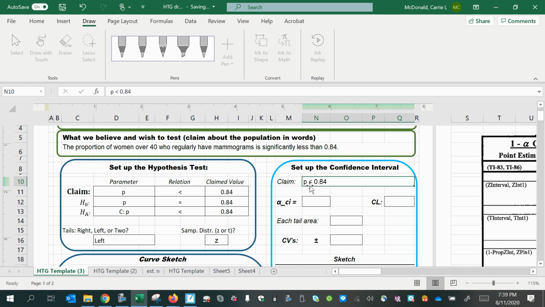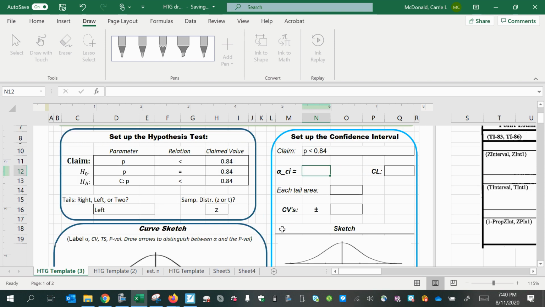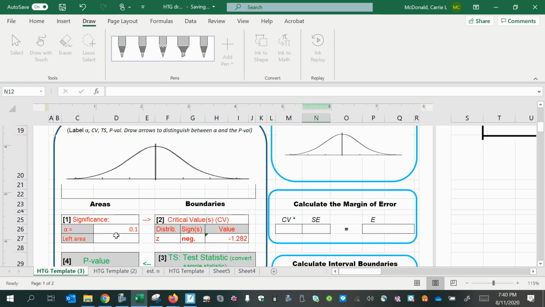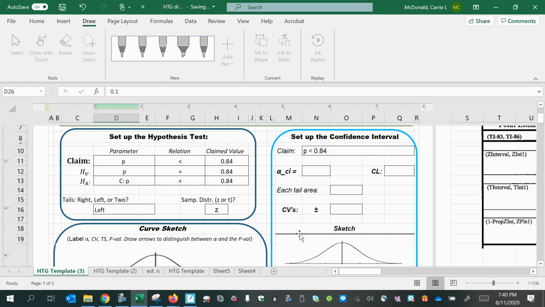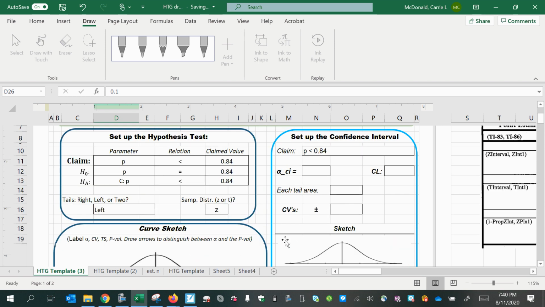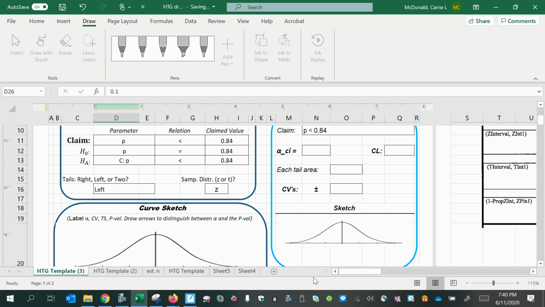But what we do is we look for evidence that the alternative is true. So the alpha for our confidence interval will sometimes be the same as the alpha you had in your hypothesis test, and sometimes it won't be. Sometimes it'll be twice that amount. And if it's a one-tailed test like we just had here, then you'll have two tails for your confidence interval.